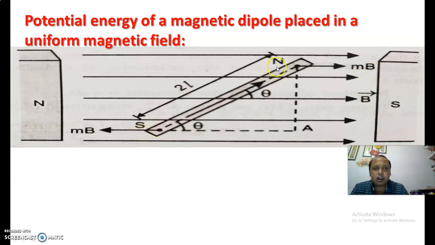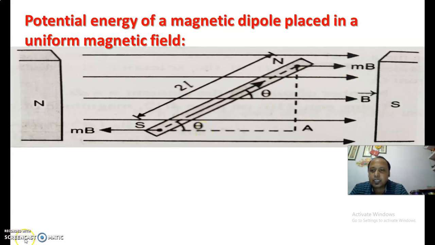And you can see in the north pole and in the south pole, the directions are opposite, because this north pole will attract the south pole of the bar magnet by a force mB, and this north pole of the bar magnet is being attracted by the south pole of the magnet here, the strong magnet, by a force mB. So both the forces mB and mB are acting in opposite directions, but their lines of action are different.